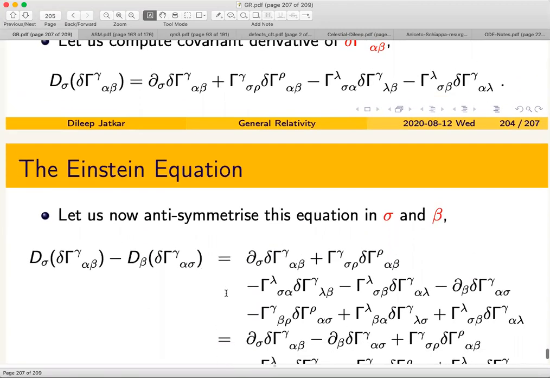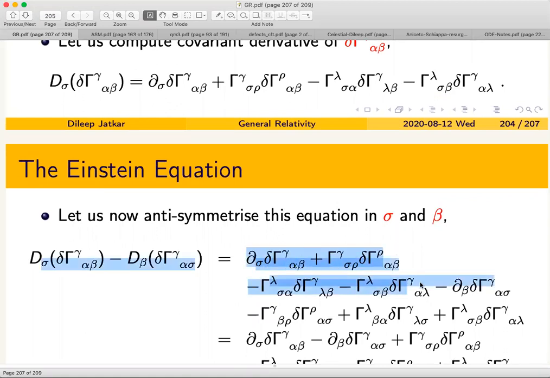If you look at them carefully, the first four terms are precisely these terms: the partial derivative with respect to sigma of delta gamma^alpha_{beta gamma}, then gamma^sigma_{rho gamma} times delta gamma^alpha_{beta rho}, and so on.